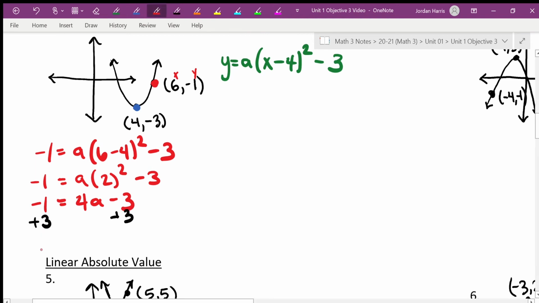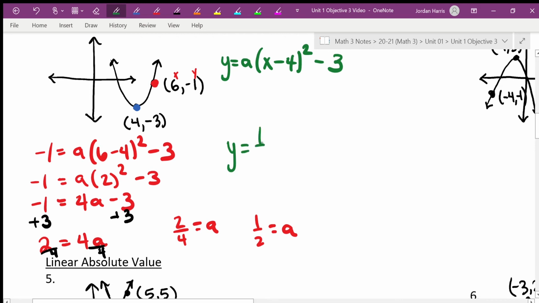Negative 1 plus 3 is 2, so 2 equals 4a. And then I divide by 4, and I get 2/4 equals a, which can simplify. So 1/2 equals a. And I just plug that into my equation: y equals 1/2(x minus 4) squared minus 3. There we have it.